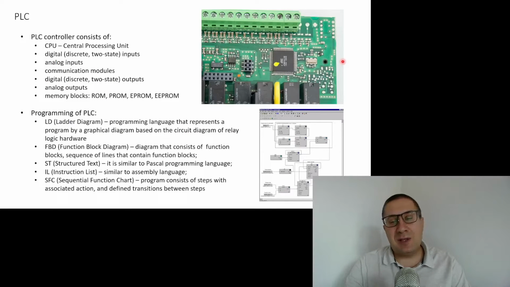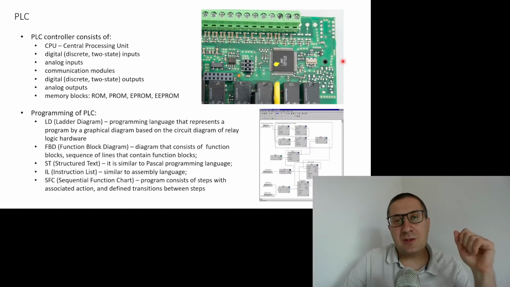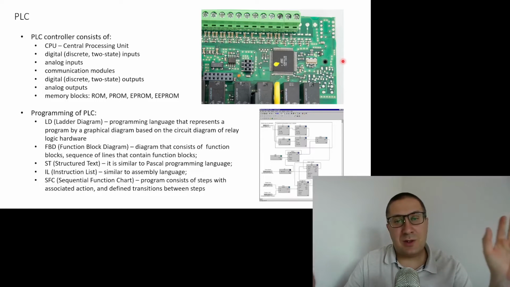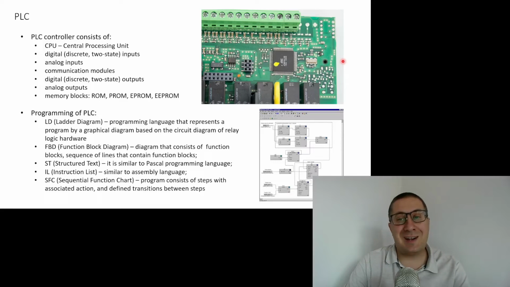If we open the PLC controller, we will find a CPU, and memory blocks where the algorithm is located. We'll find communication modules, some Ethernet cards that allow communication between PLC controllers if we have more than one, and usually we have more than one.